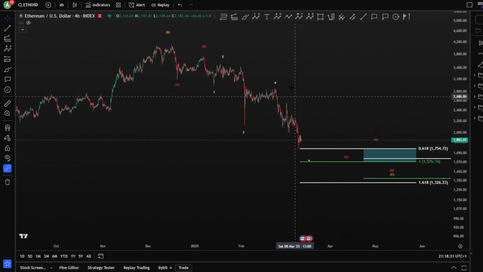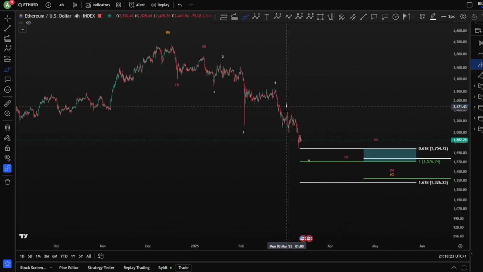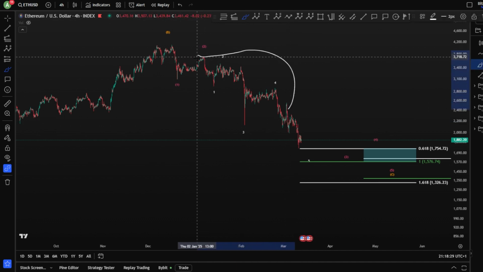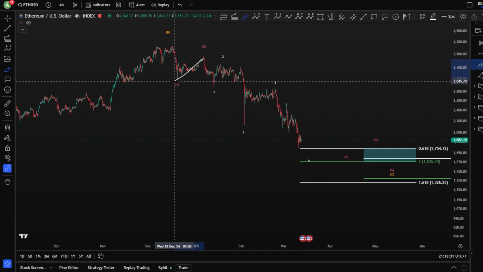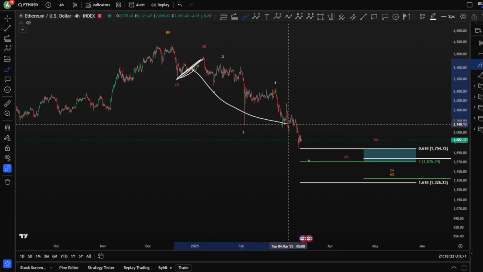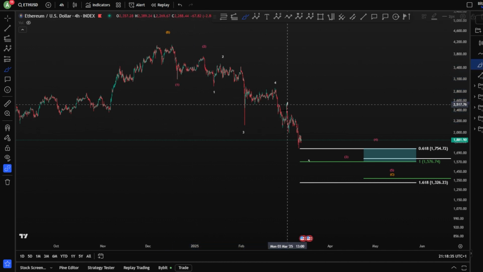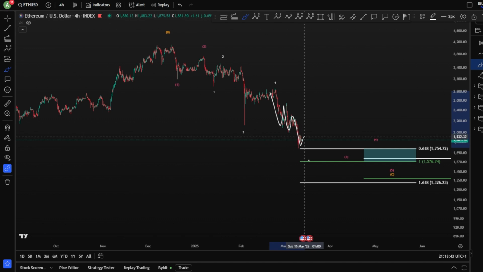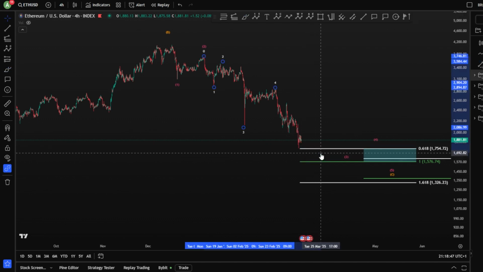Higher possibility. Why? Because timing is very important as well. It's not a rule, but it is a guideline. If you take the timing of this wave 2, it's incredibly far from this wave 4 here. Therefore, you have to take this as a 1, 2, 1, 2, 3, 4, 5, 4, 5, to finish a wave 5 here.